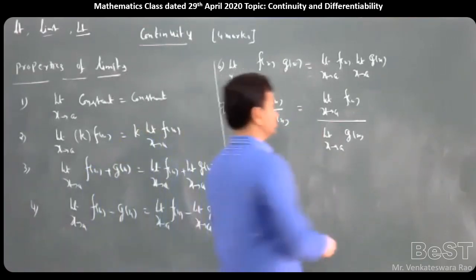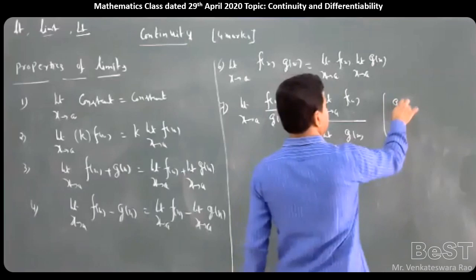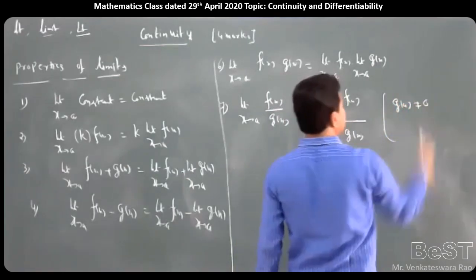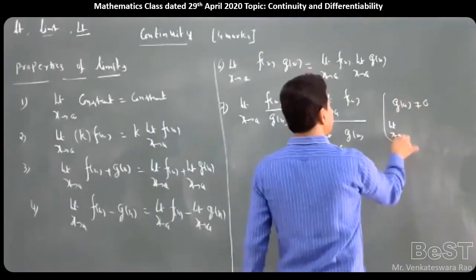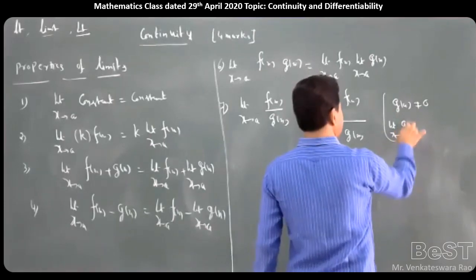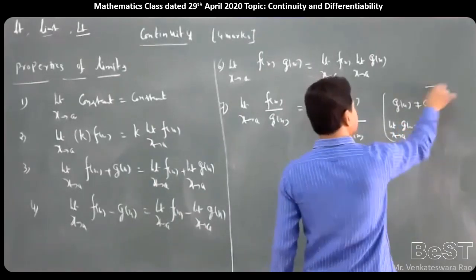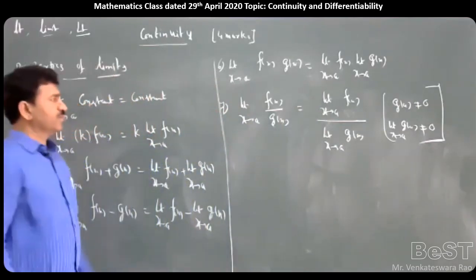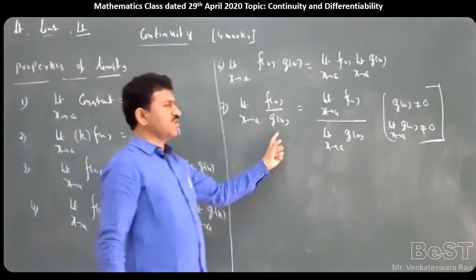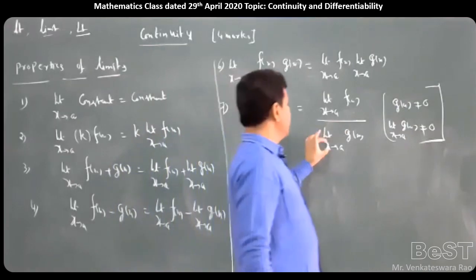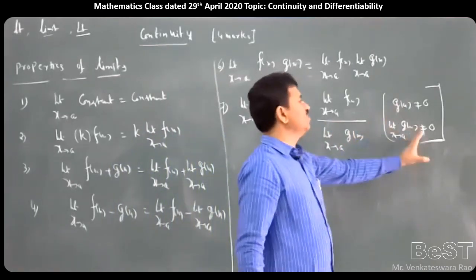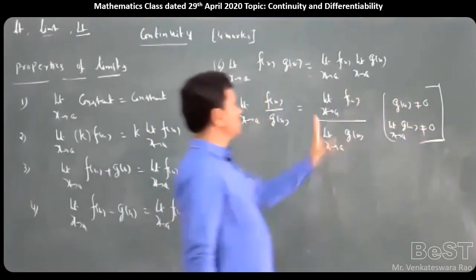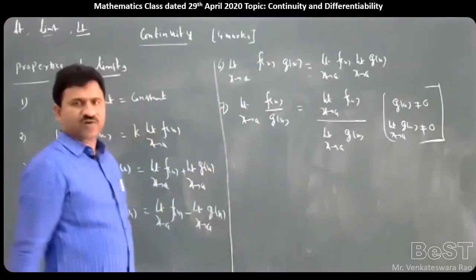In brackets note, provided g of x is not equal to 0, and even limit x tends to a g of x is also not equal to 0. Compulsory. In that case, we can apply this property. Otherwise, we have to go for an alternative.